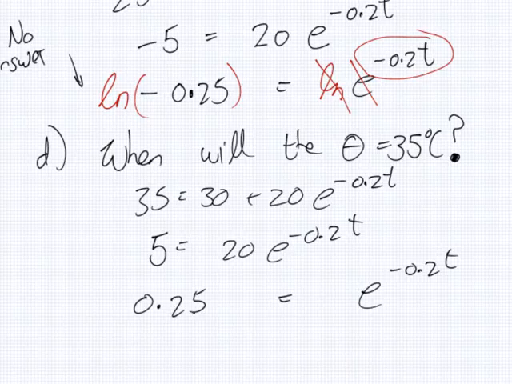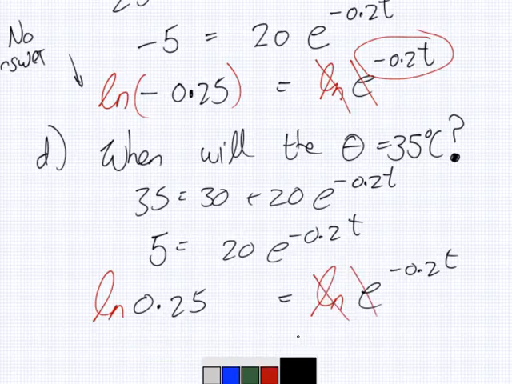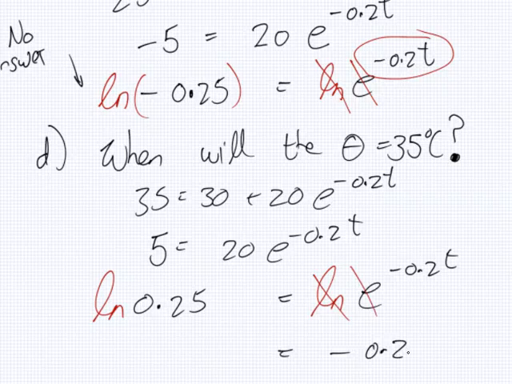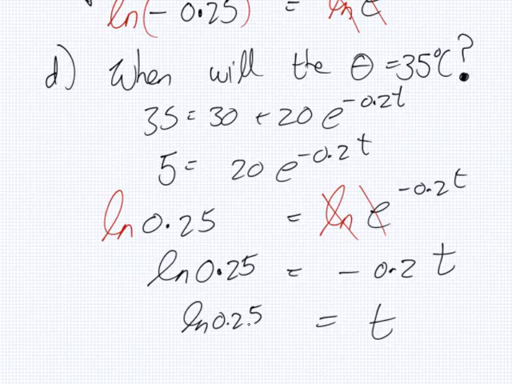And now to cancel the e I use log, log here and log here. So they cancel, and I'm left with, on the right, minus 0.2t, and on the left, log of 0.25. So to finish, I get t equals log 0.25 over minus 0.2.